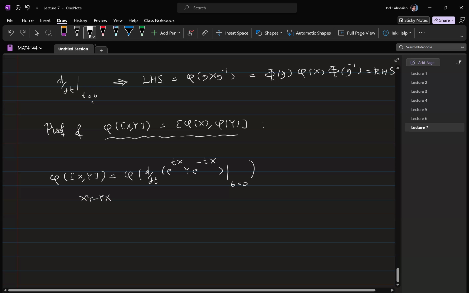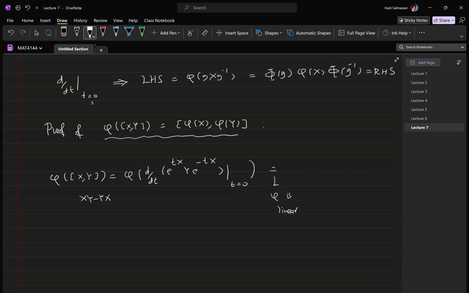Okay, now phi is a linear map. In particular, continuous. So phi commutes with differentiation. In fact, because it's linear, like this derivative is a limit, it's limit of something minus something. So phi is linear, it commutes with everything.